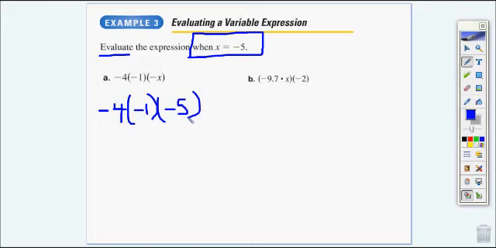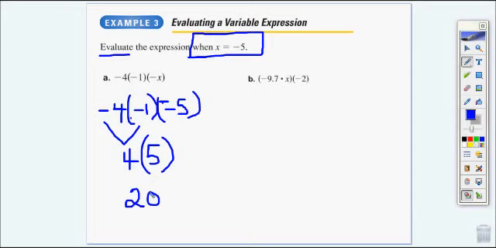Now we have a negative times a negative, so we have a positive 4, and then we have a negative 5. So that would be the same as saying a negative 1 times negative 5, or that's a positive 5. If you look, we have 4 negatives giving us a positive 20.